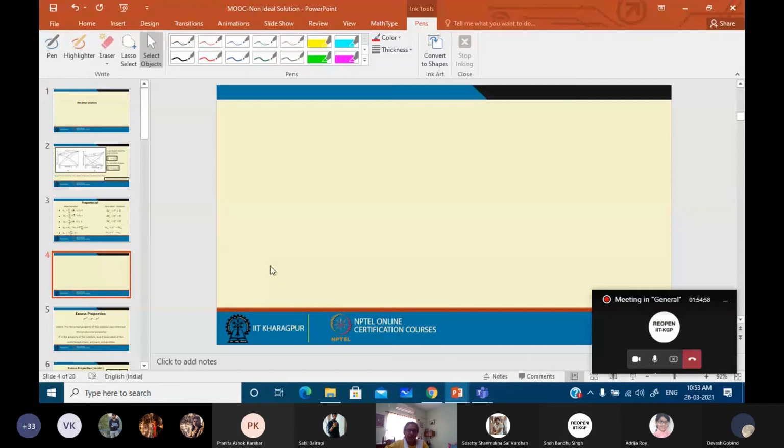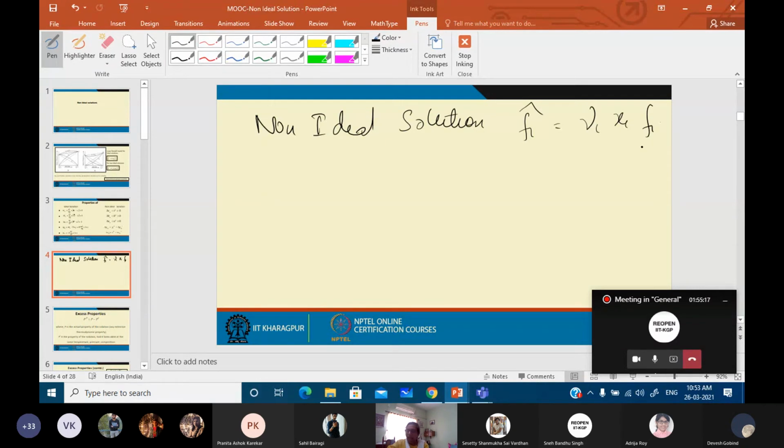Whenever we are going for non-ideal solutions, the equation becomes fi cap equals gamma i xi fi, where fi refers to the pure component fugacity at the temperature and pressure of the mixture. And we also have excess properties, which are properties over and above those of the ideal solution.